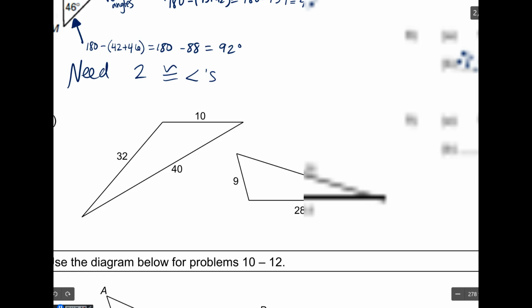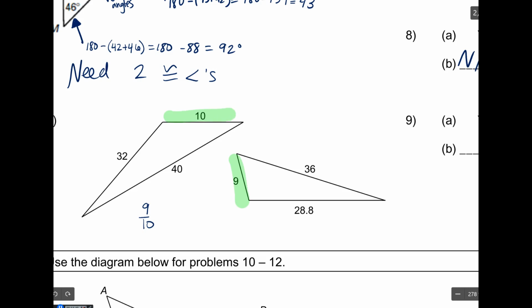Okay, so 9 over 10. Short over longer, and then that should equal what? 28.8 over, okay, so you kind of go in order.